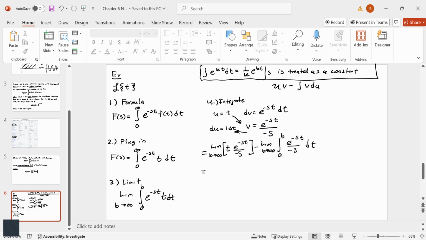And then if I integrate this, this should be 0 to b.